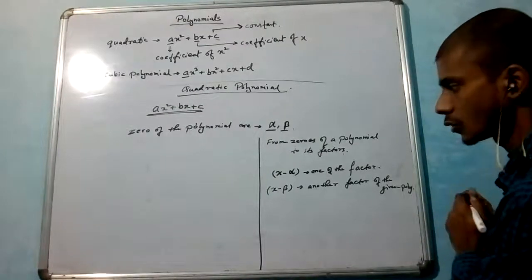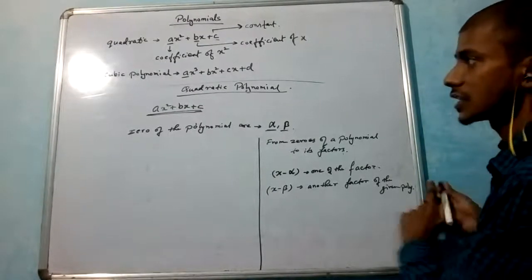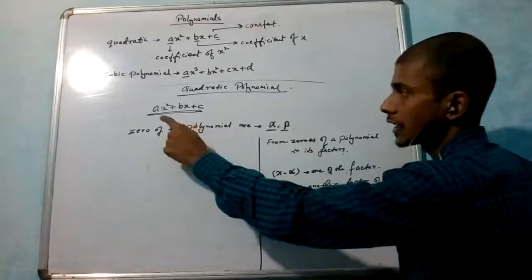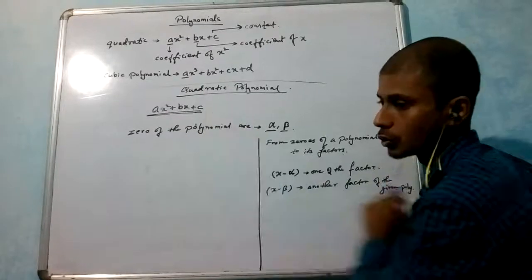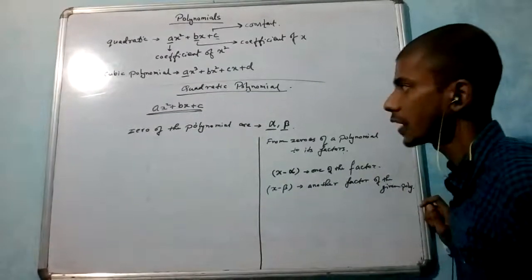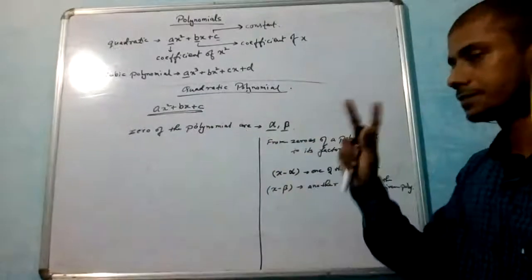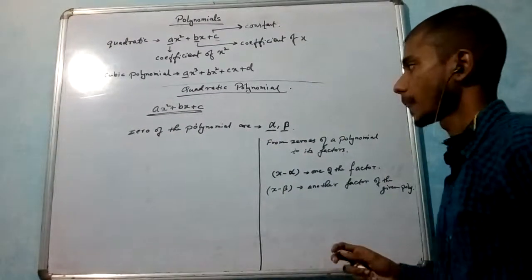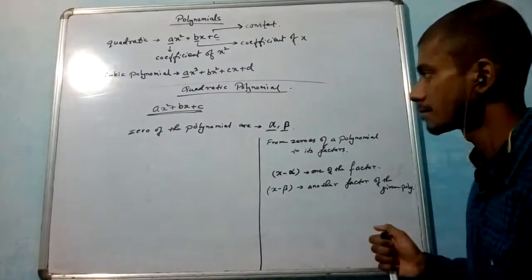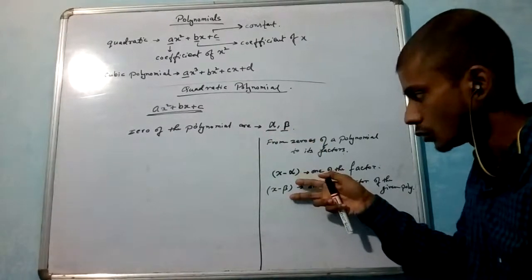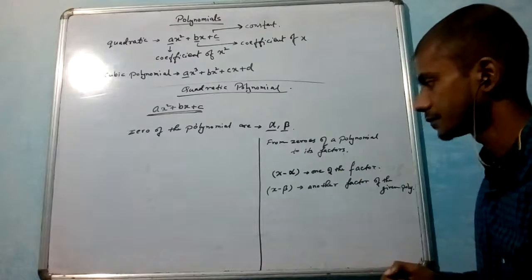Remainder will be 0. So since it is quadratic, how many zeros can we have? Quadratic, degree 2. So depending on the degree, we have the zeros. If degree is 2, zeros will be 2. Fine. So from the 2 zeros, we got the 2 factors.